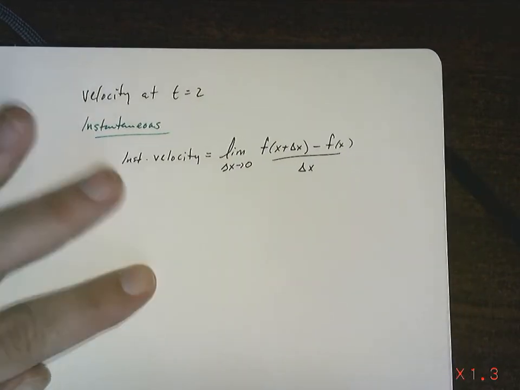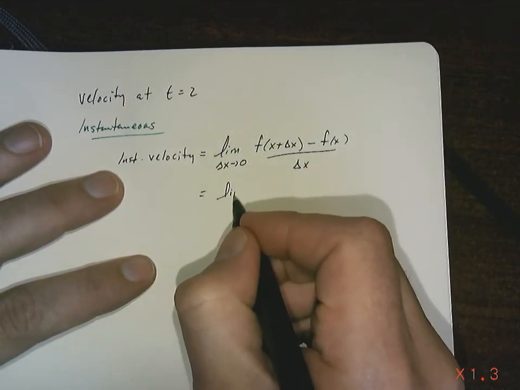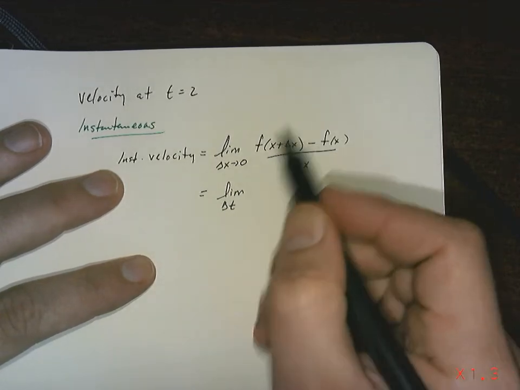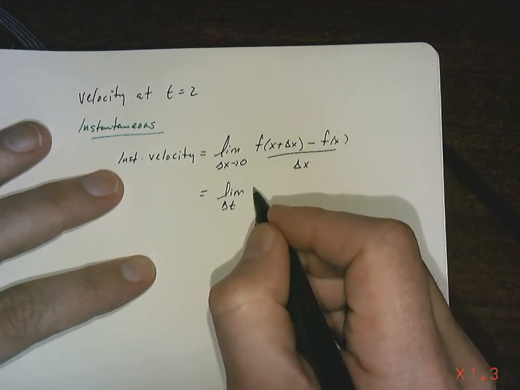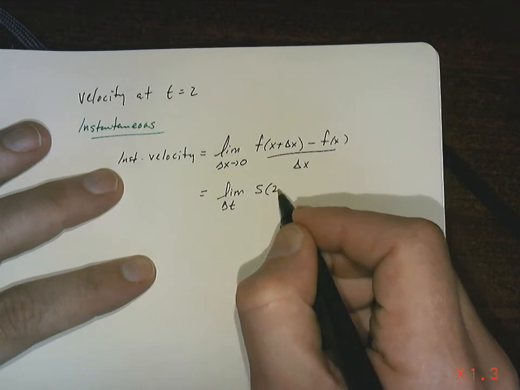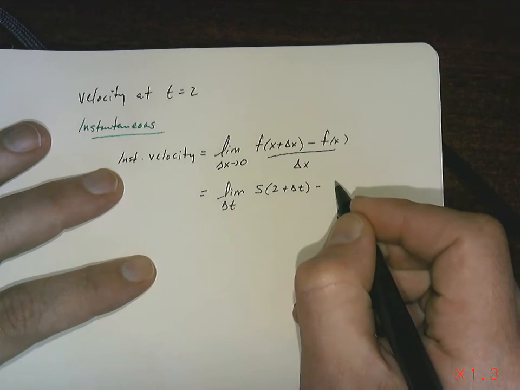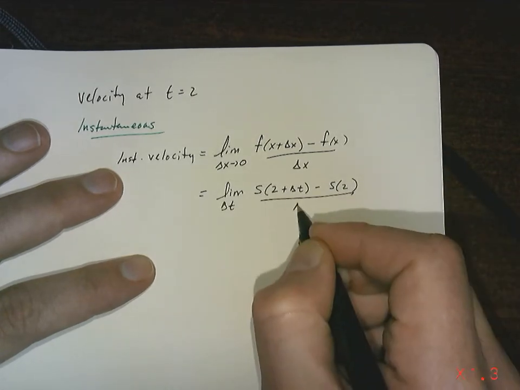I'm not sure where I was in the formula; it's probably delta t. So this is going to confuse everyone. Ignore that. I've taught a lot more since I've done this. So this is going to be s of 2 plus delta t minus s of 2 over top of delta t.